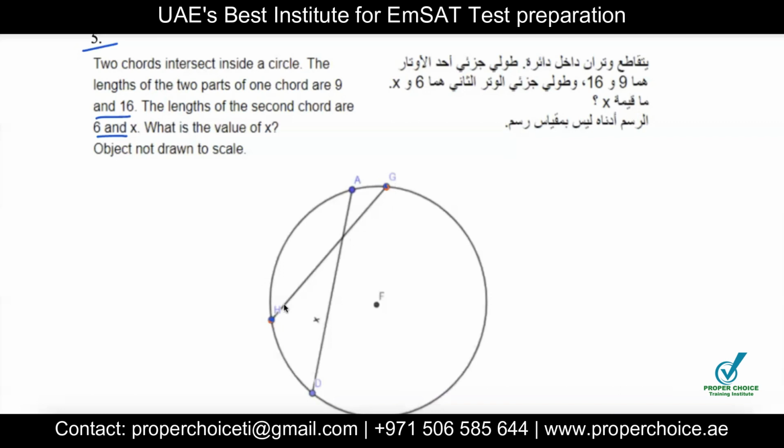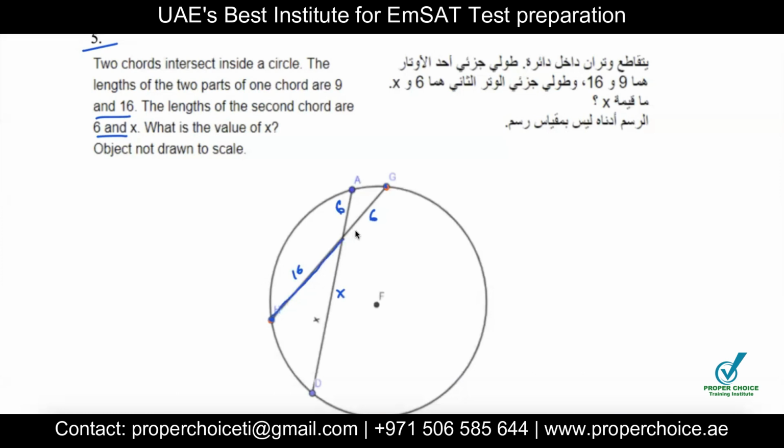Suppose I say GH is a chord, and one length is 6, for example, another length is 16, and also AD is a chord. Let's take this as 6, and this as x. The question is asking us what is the length of x. To answer this, you need to know the chord theorem. What does the chord theorem say?